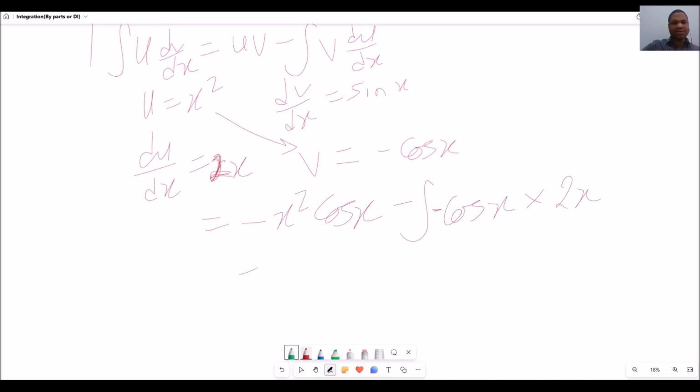So I'll just simplify: minus x squared cos x plus the integral of 2x cos x.